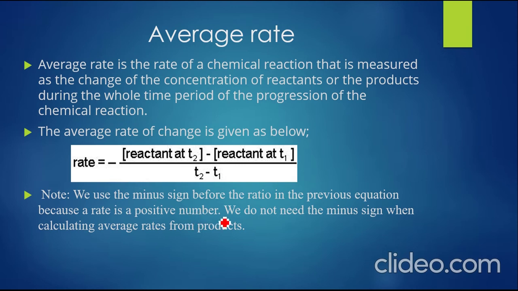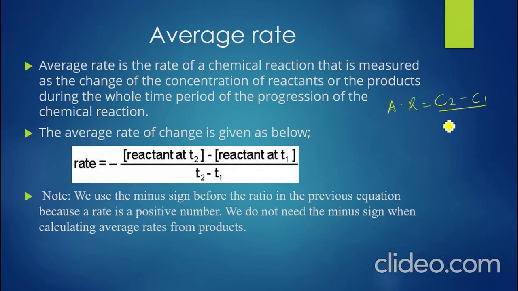So here you just have to know that we do not need the minus sign when calculating the average rates from the products. If you are not familiar with this formula, you can use this one: average rate is equal to C2 minus C1 over T2 minus T1.